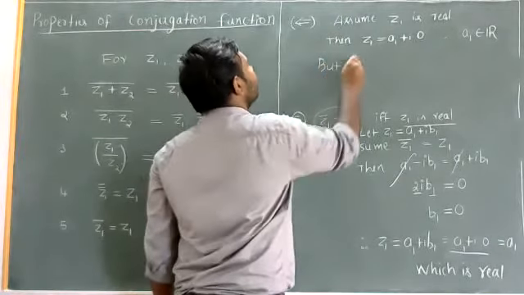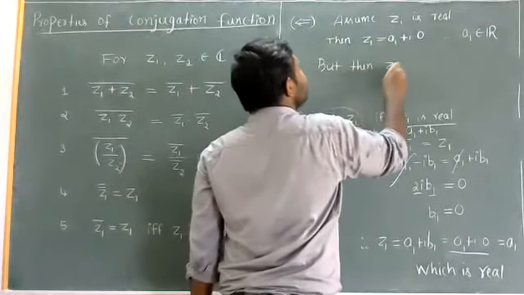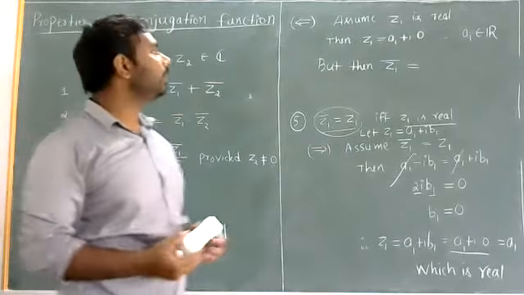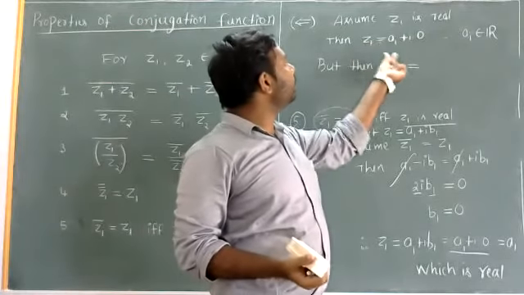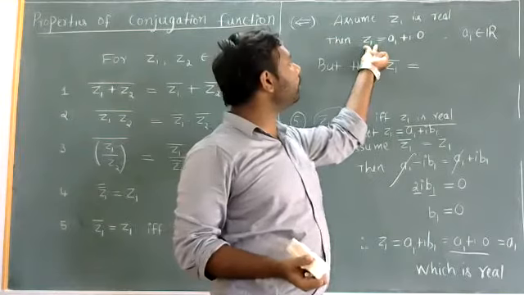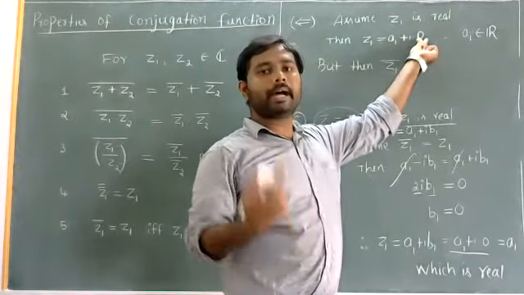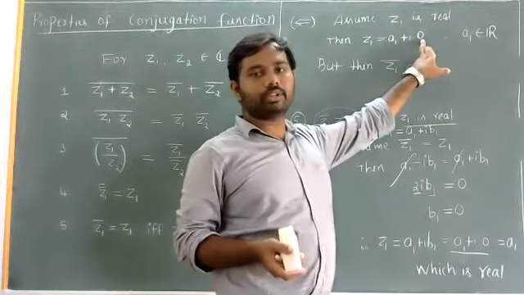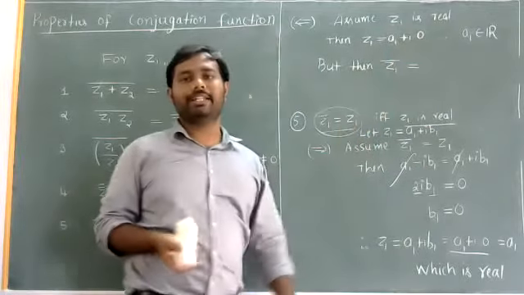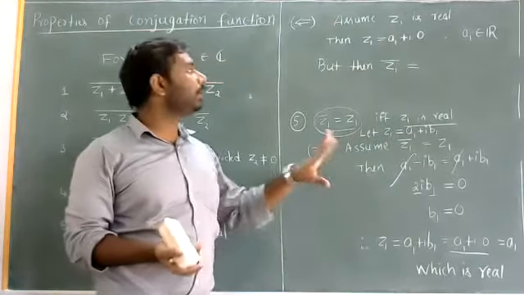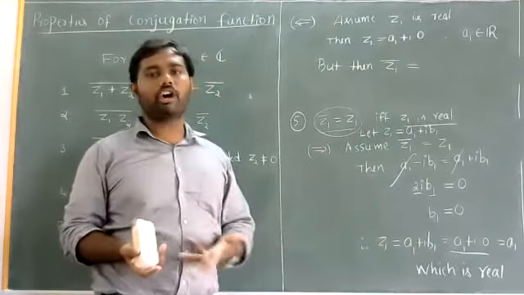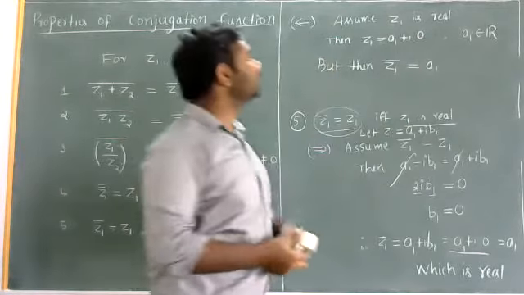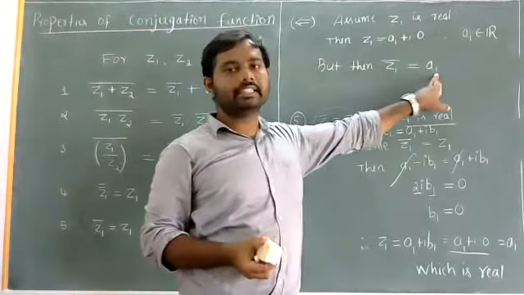Right? But then in this case Z1 bar will be, so I have to get the conjugate of this number, I have to replace the imaginary part by its negative, right? So in the imaginary part we have 0. So minus 0 and plus 0 are one and the same because 0 is neither negative nor positive. So we can write Z1 bar as just A1.